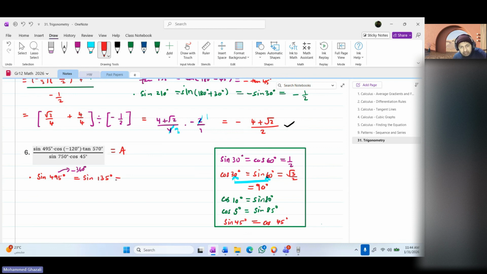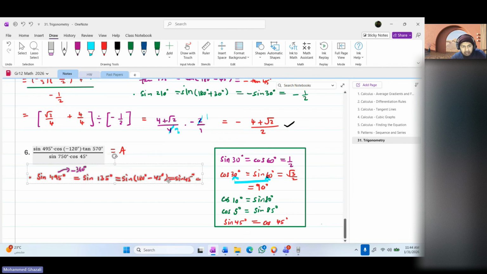So that's 135. That's in the second quadrant. So that is sine of 180 minus 45, right? Which is sine 45. And sine of 45 is basically, that's in the second quadrant, 1 over root 2.